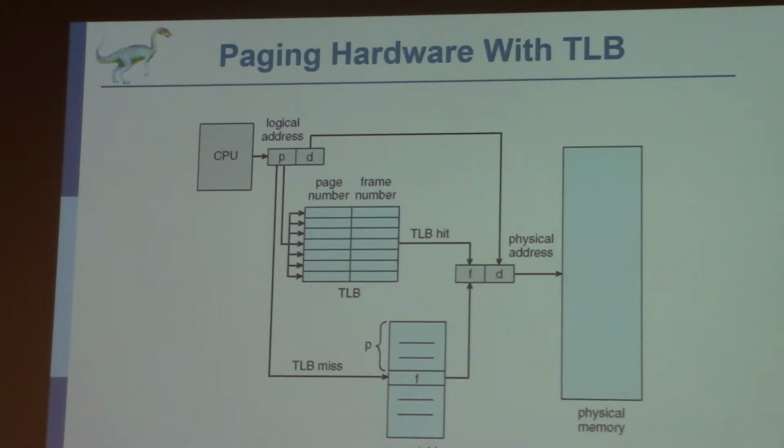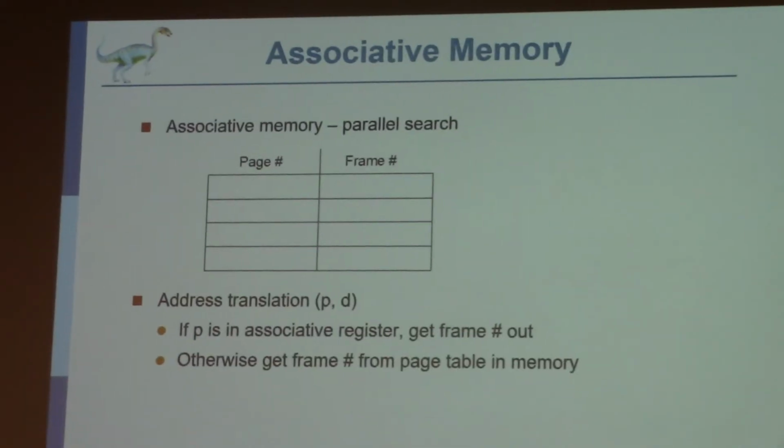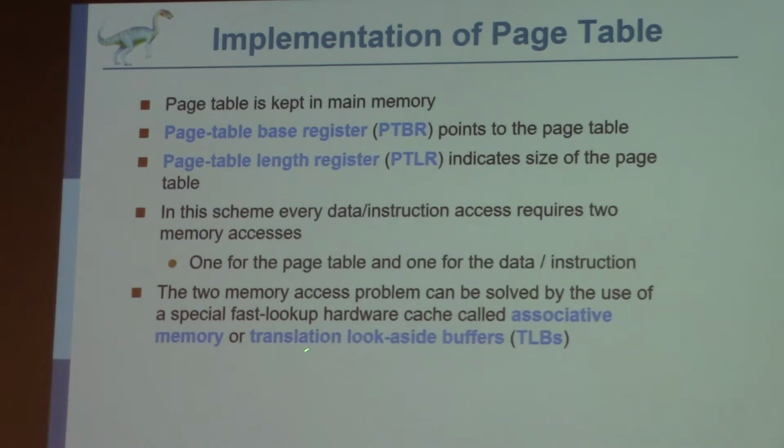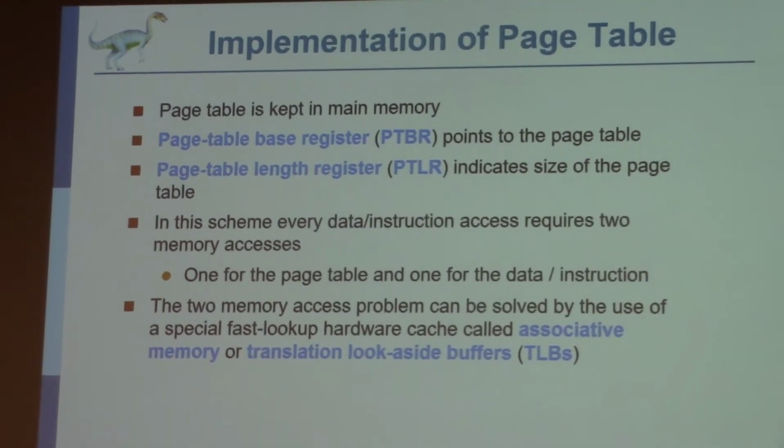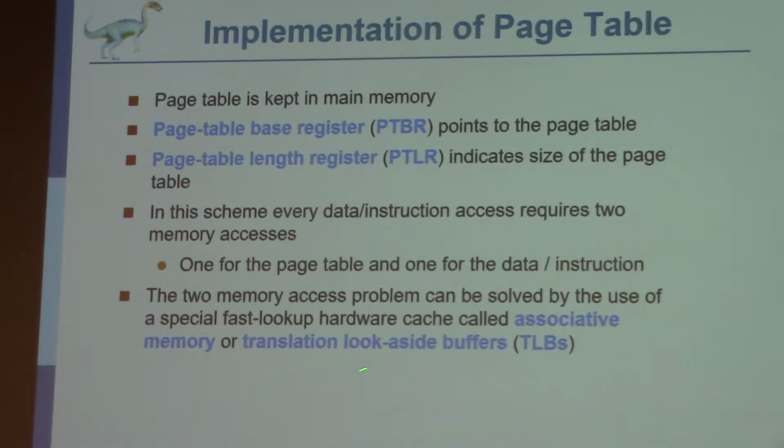So from that idea, why don't we keep the frequently accessed page and page frame number information in the TLB? TLB is the translation look-aside buffer. It's a cache for the page table. Mostly this is in fast media, like the cache and so on.